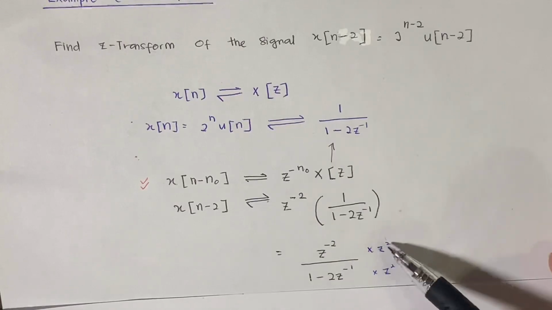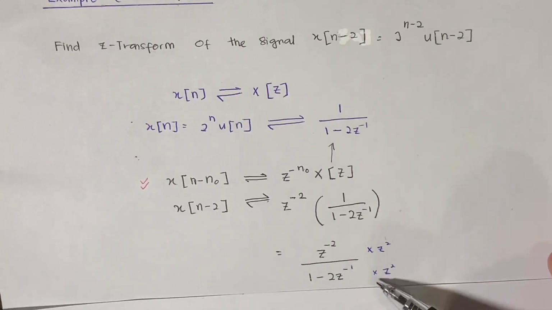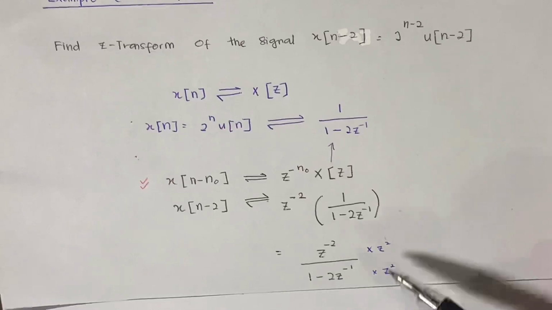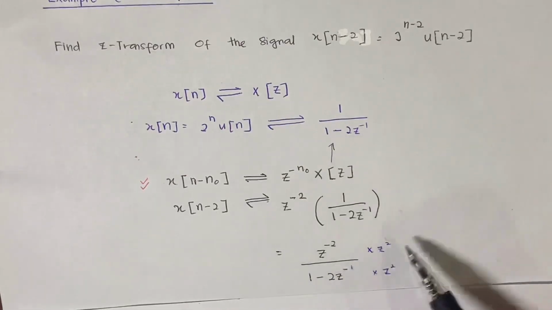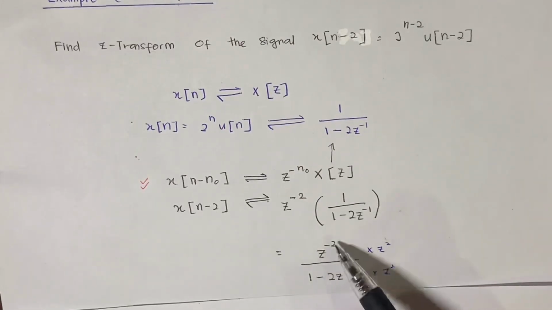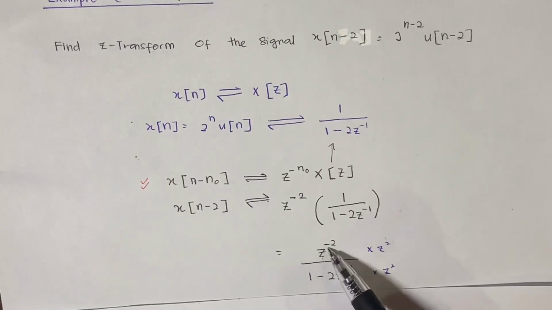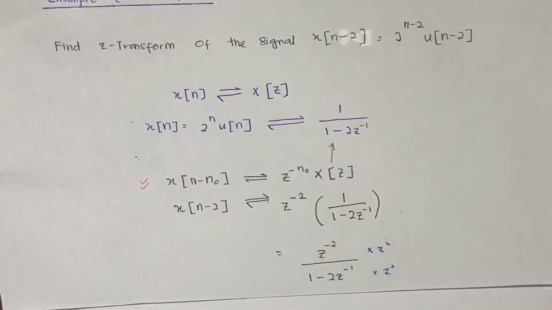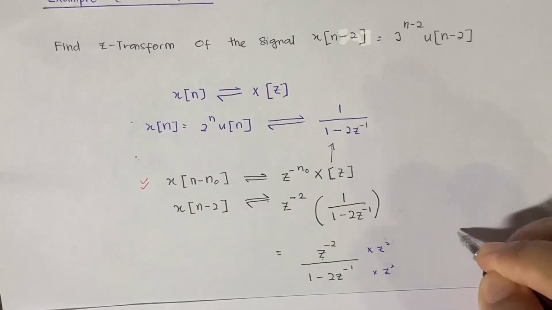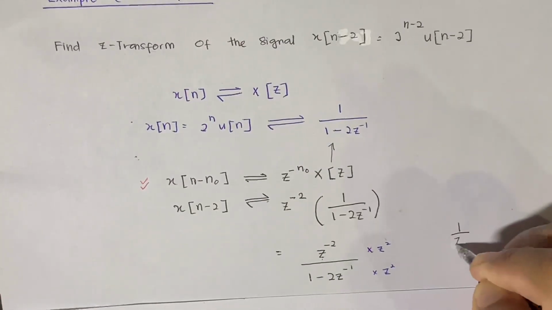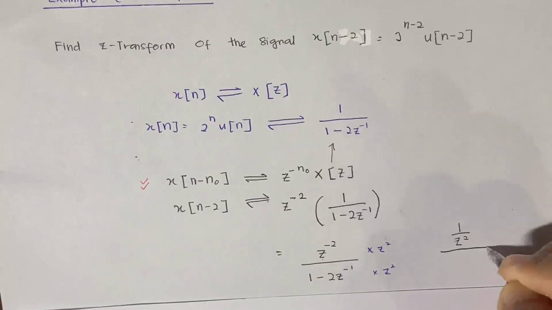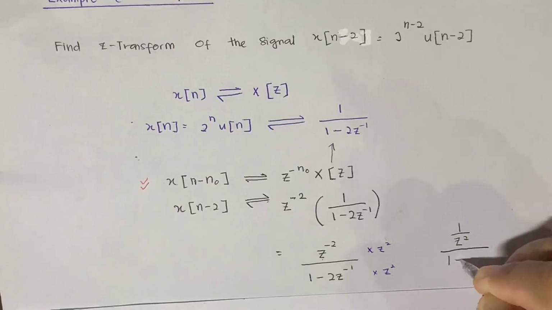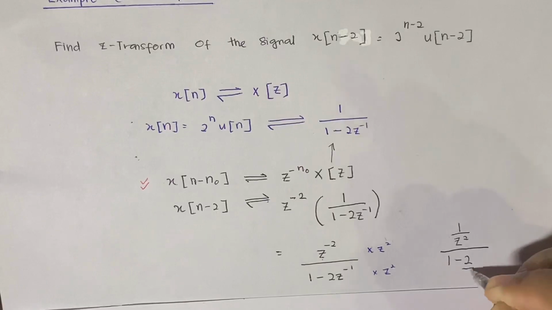I multiply by z squared, and the denominator is also multiplied by z squared, because I want to eliminate this z to the negative 2. Actually, you will get 1 over z squared over 1 minus 2 over z.